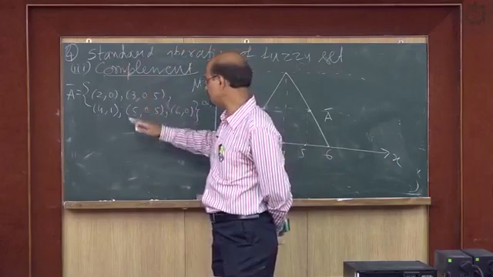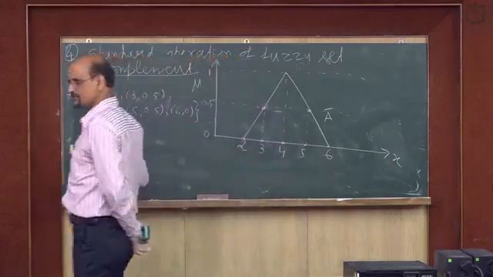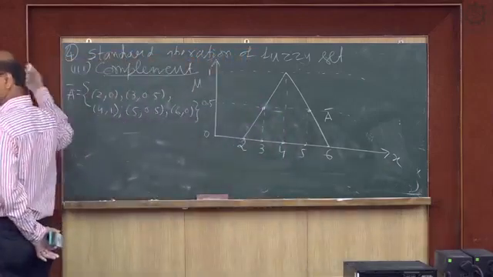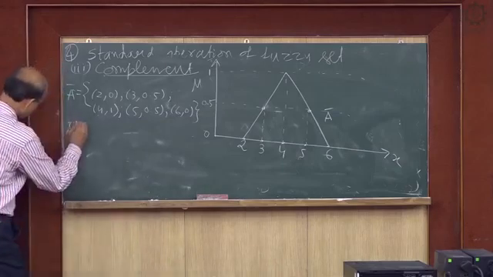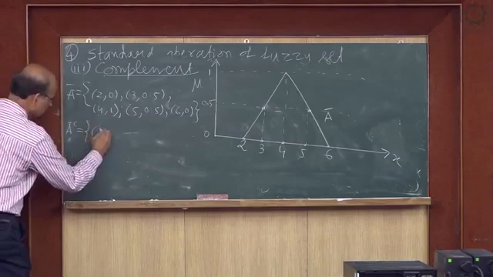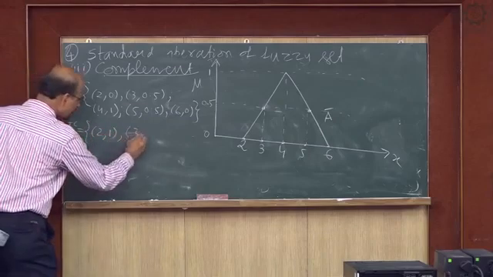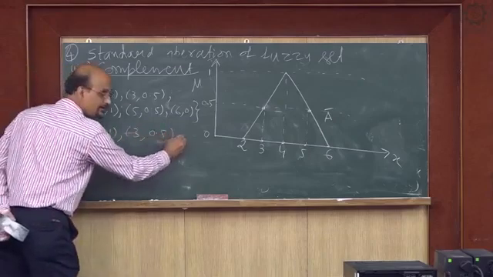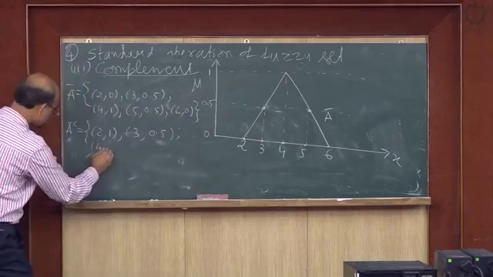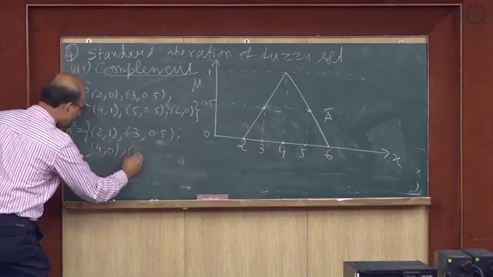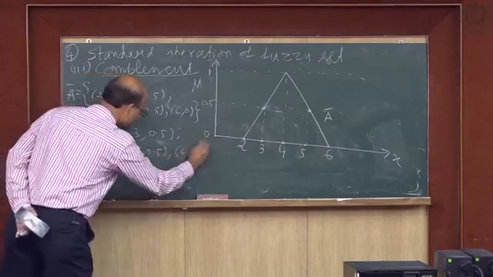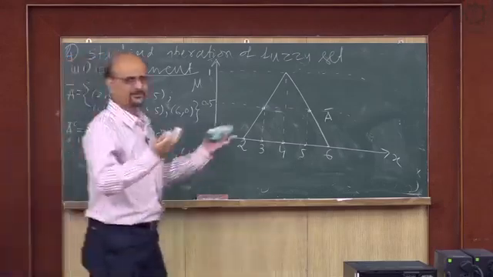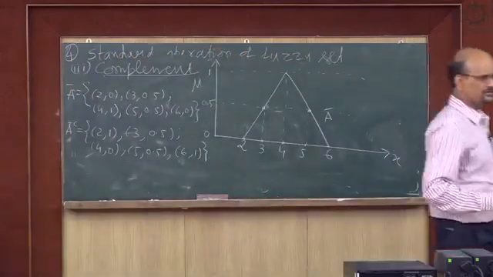As per your definition, I can very well write A bar complement only by subtracting from 1. Let us write A bar complement as 2, 1, 3, 0.5, then 4, 0, 5, 0.5, 6, 1. Is it correct as per our definition that we already defined?